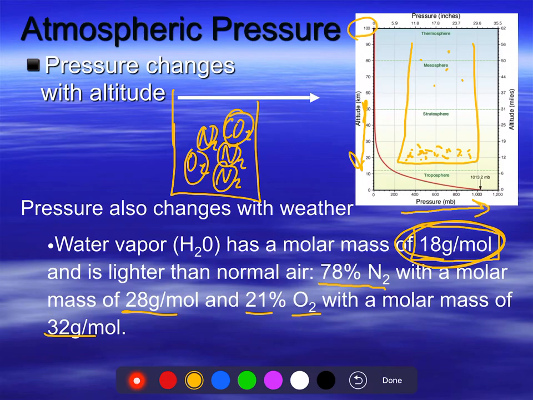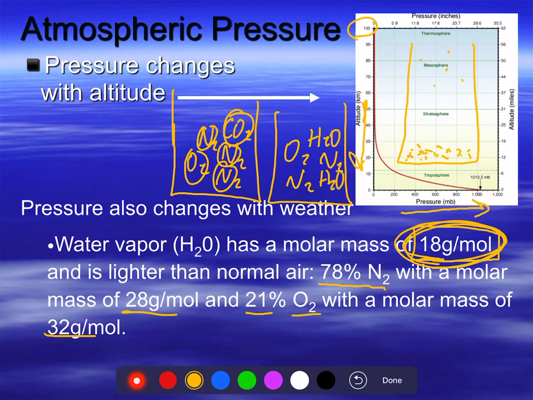So if there's water vapor in the air, now all of a sudden there isn't quite as much N2 and isn't quite as much oxygen because there's water molecules mixed in there. And because water is lighter than those other oxygen and nitrogen molecules, that means that there's going to be less pressure.